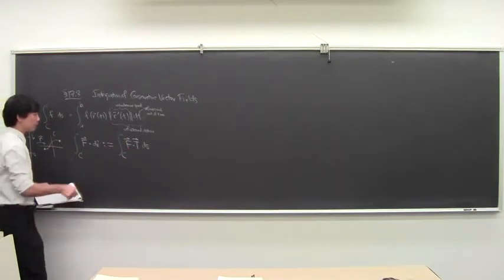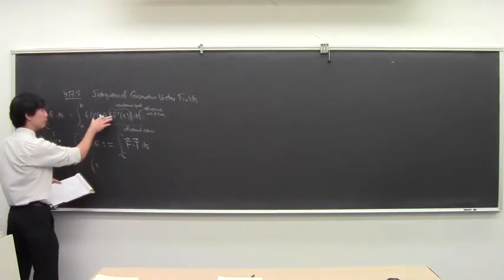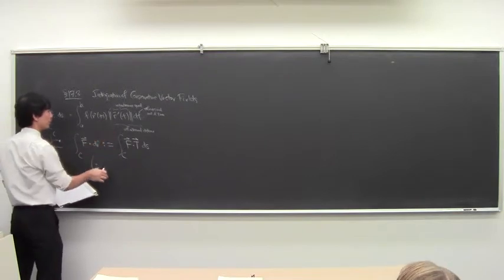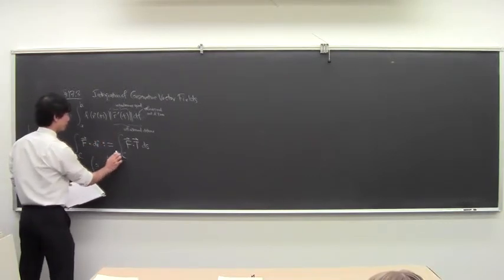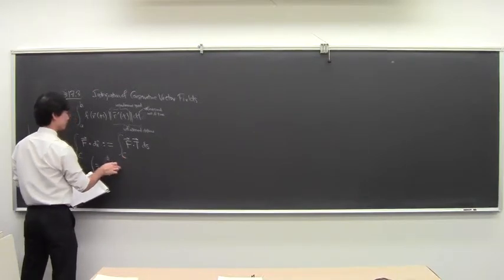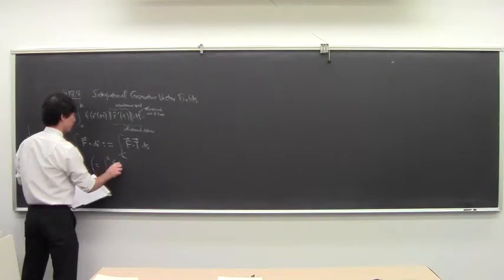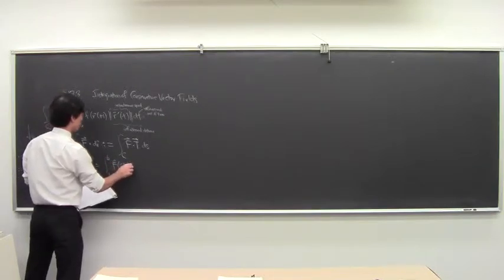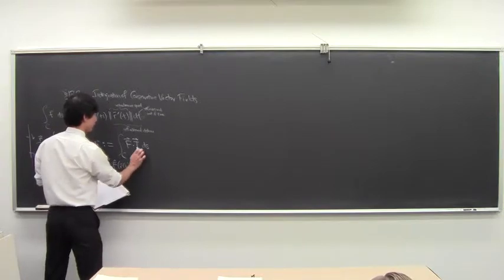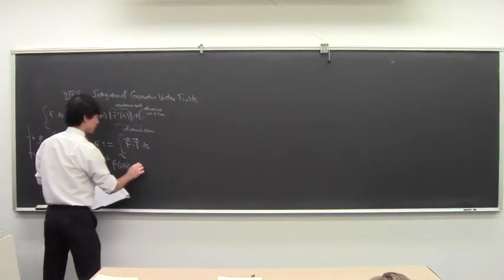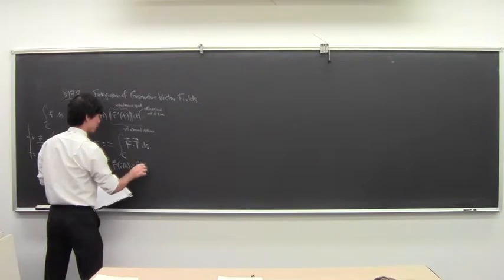Which, if you use the definition above, turns into the integral from a to b of F dot T. Well, what's T? T is the tangent vector divided by its magnitude.